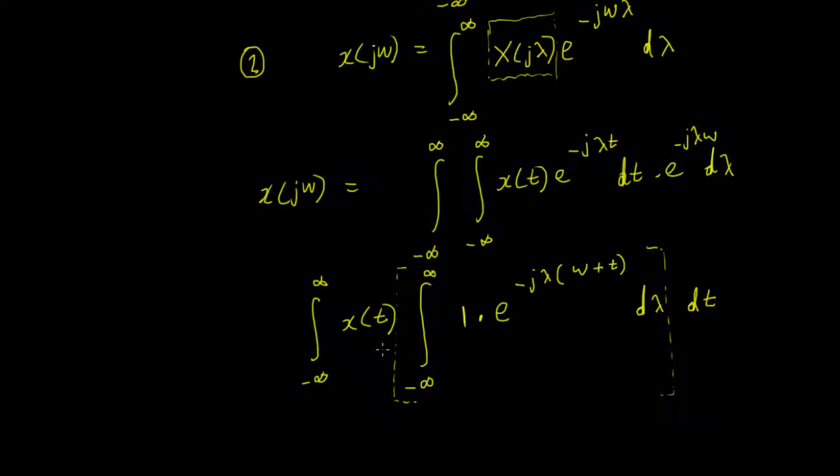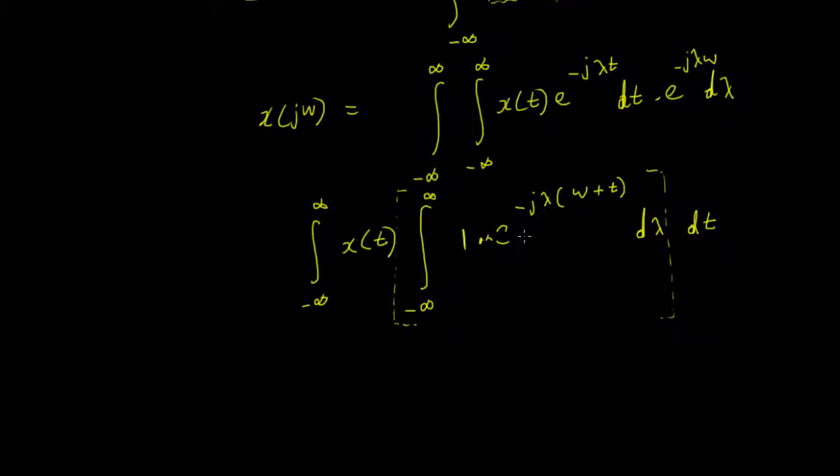Now this whole thing that I've bracketed, we can rewrite as the integral from minus infinity to infinity of x of t, and we'll leave this dt here at the end.